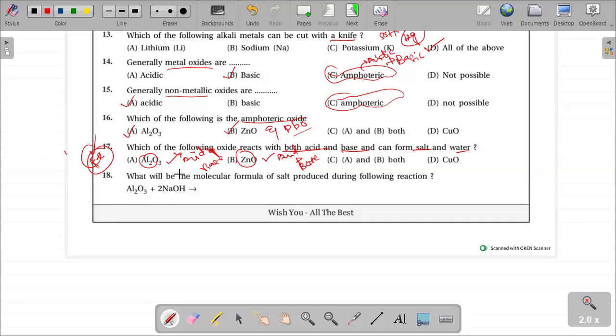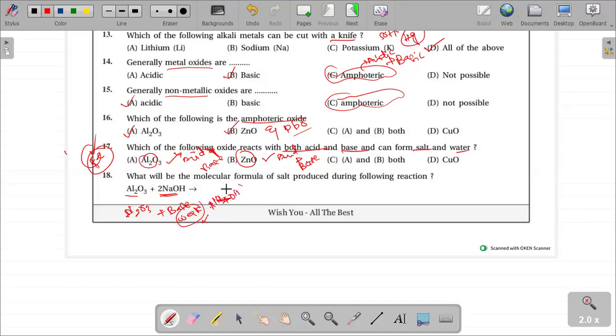Next condition, if it is an amphoteric oxide and it reacts with sodium hydroxide, then what is the product? The amphoteric oxide will react only with an alkali. It won't react with a normal base. For example, aluminum oxide will react with the base, but the base should not be a weak base like ammonium hydroxide, NH4OH.